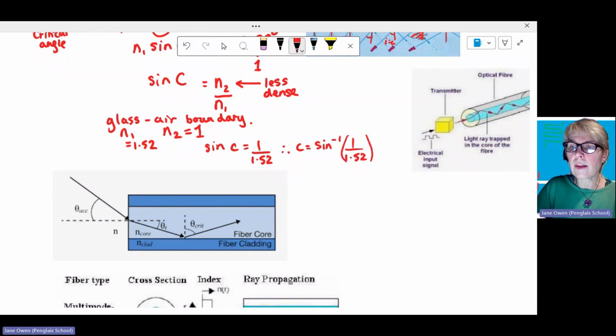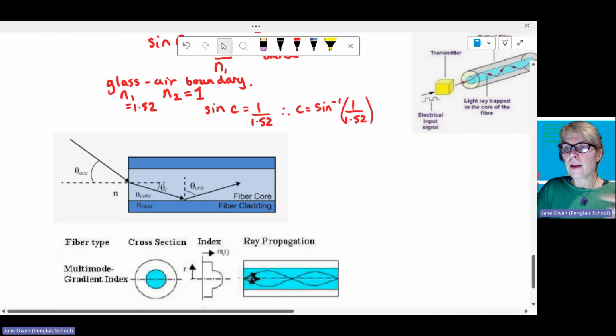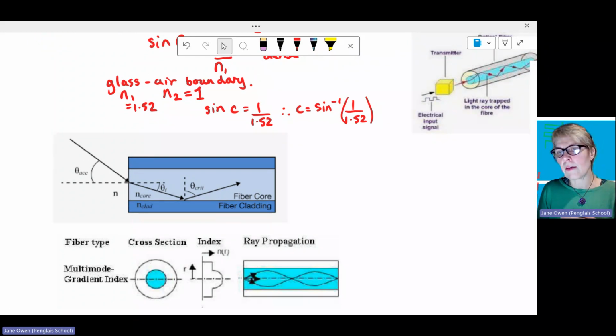Now, if you got it the other way round, you'll know you've done something wrong, because the calculator will show an error. If you had 1.52 over 1, you'd have a number greater than 1, and sine to the minus 1 of that would show as an error. So just flip it the right way around so that you've got a fraction. So C in this case comes out to be 41 degrees.